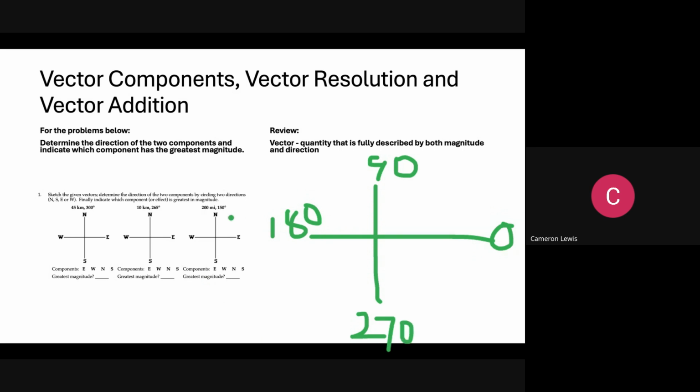So now we have these, right? These are the same numbers that go along with it. This is north, south, east, west, quadrant 1, 2, 3, 4.